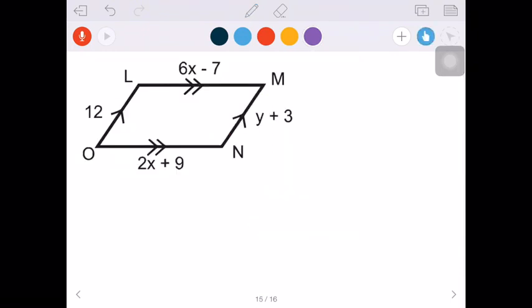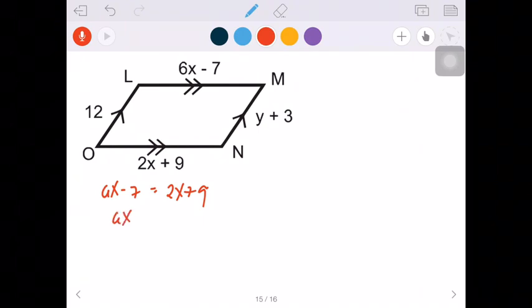This time we deal with sides, and it's just the same thing actually. These sides of a parallelogram are equal. We're talking about opposite sides. So let's get right on to the equation. This is 6x minus 7, and that's equal to 2x plus 9. If you're going to solve that, you have 6x, and I'm going to put 2x here, and 9 plus 7 is on the other side.